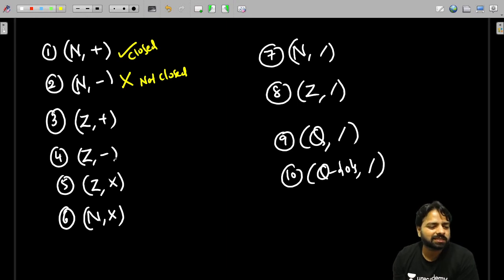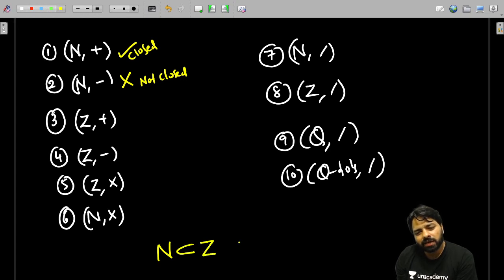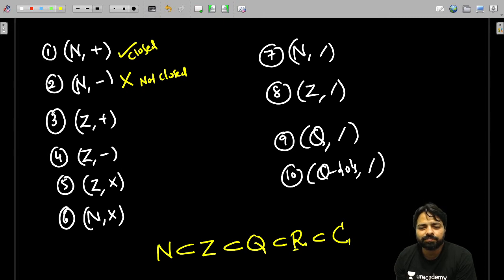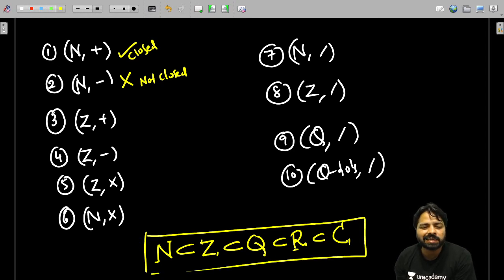Z plus. Remember one thing, the relation is like this: N is a subset of Z, and a subset of Q, and it is a subset of the real set and a subset of the complex set. You know this, the relation between the famous sets: natural set, integer set, rational set, real set, and complex set.